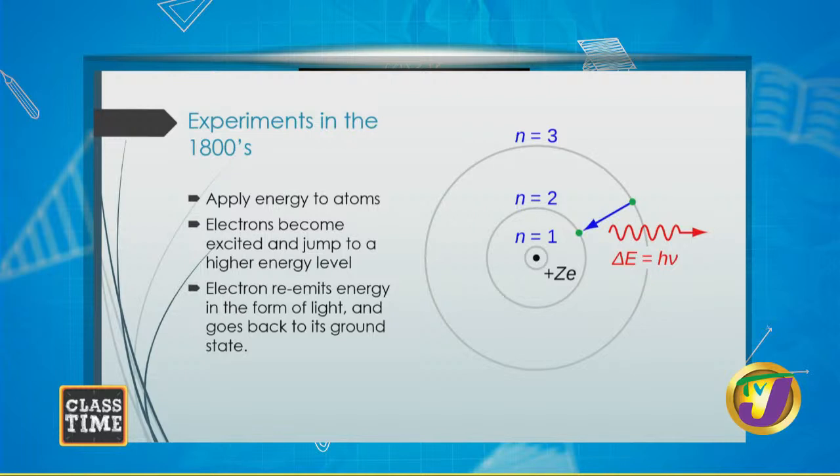Imagine that the lower electron is in the n equals 2 level, and the outer orbital is n equals 3. When the electron at n equals 2 absorbs energy from the fire, it is excited and elevated to the n equals 3 level. Once it falls back down, it will emit the energy that it absorbed in the form of light.